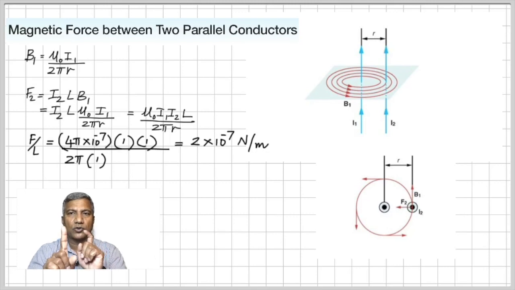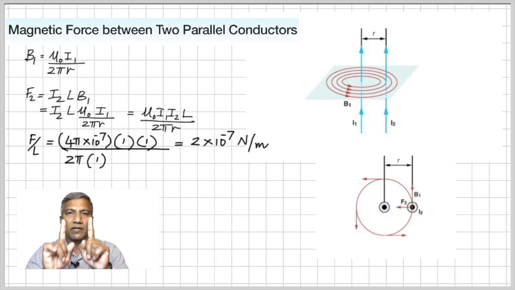So a force will act on it because it is a current carrying conductor kept in a magnetic field. Likewise, the current flowing through the second one is going to produce a magnetic field all around it, and the first one is situated in that magnetic field. So a force acts on that one.